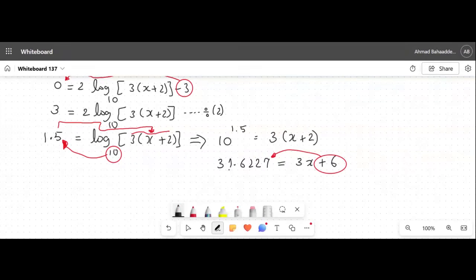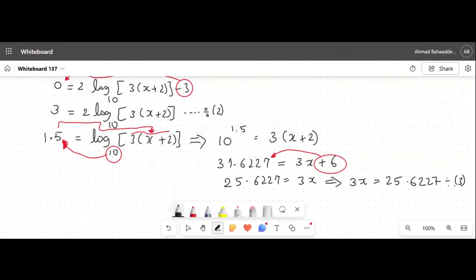So I'll share that with you guys, 25.6227. Just be careful. That's 3x, or in other words, we say that 3x equals 25.6227. Now we divide both sides, as you know, by 3.